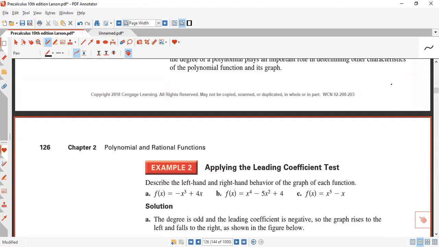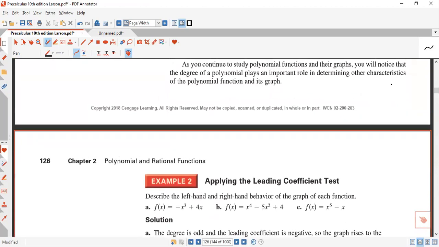While applying the leading coefficient test, you may easily understand the behavior of these graphs. For example, here you may see f of x equals negative x cubed plus 4x, and the question is to describe the left-hand and right-hand behavior. Left- and right-hand behavior: if x tends to positive infinity, this is the right-hand behavior.